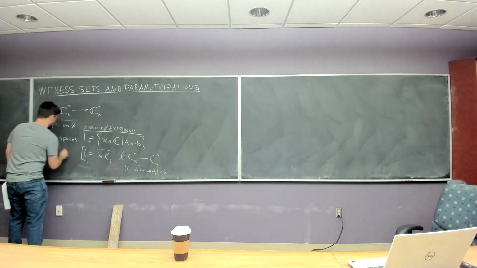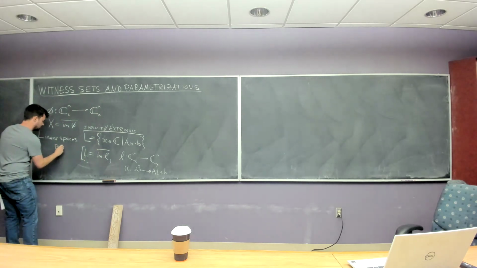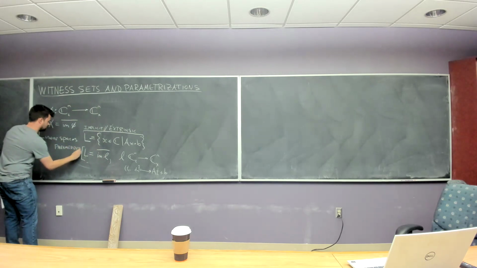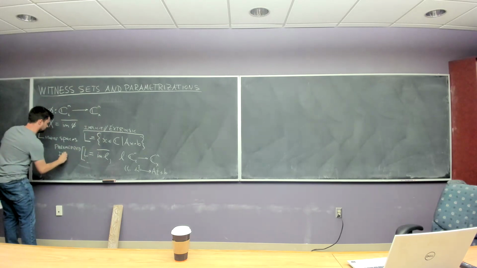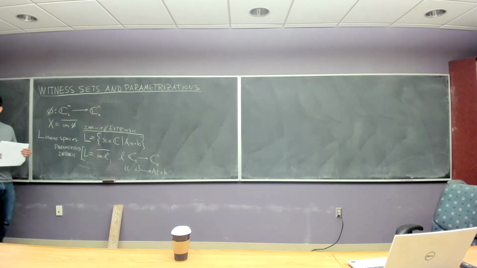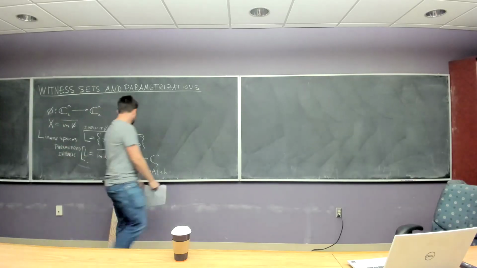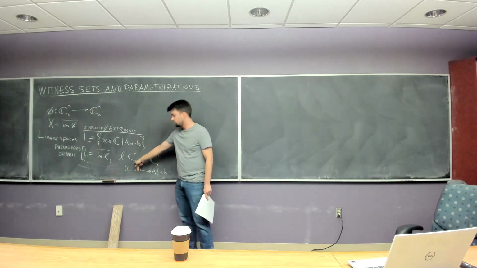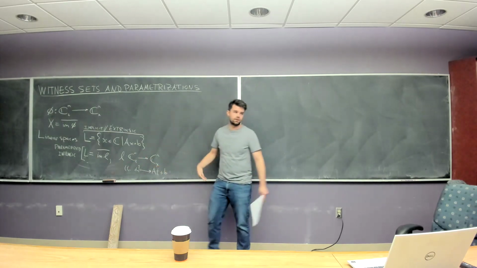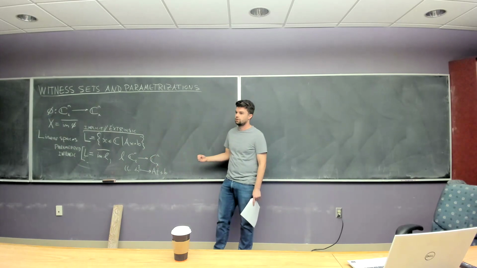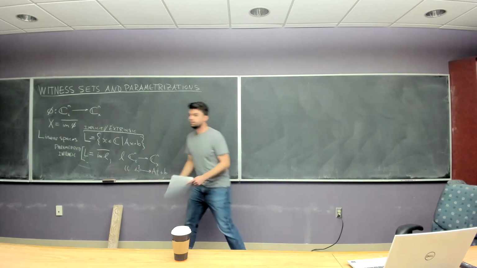Whereas this is sometimes called parametrized, or intrinsic. Intrinsic because here the coordinates for the linear space are t. You actually don't get coordinates on the ambient space that you're putting it into.